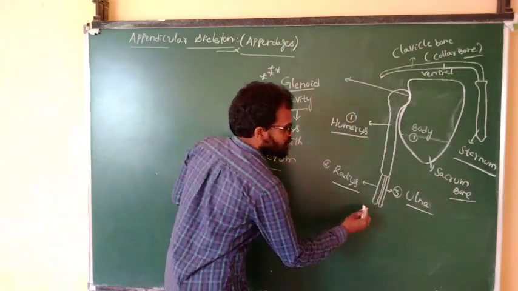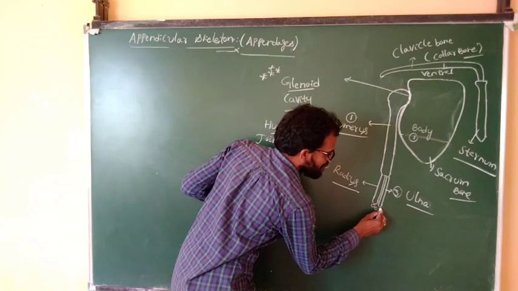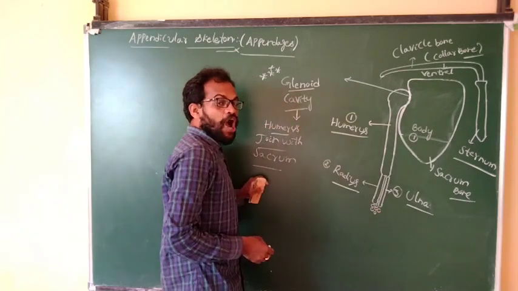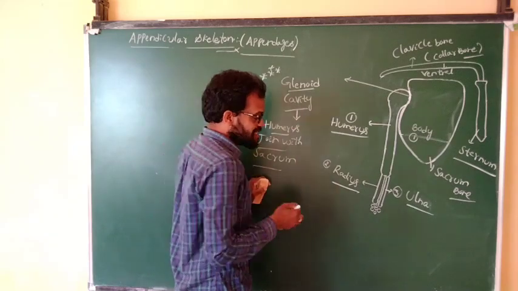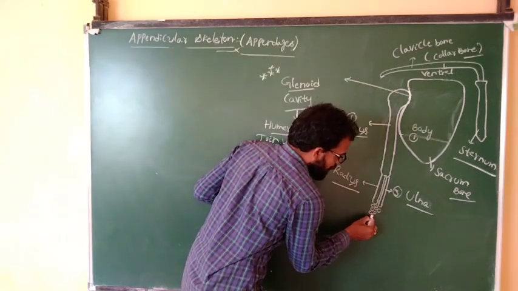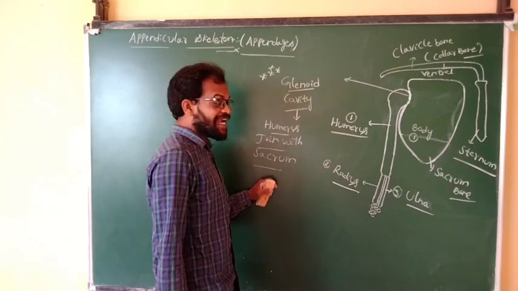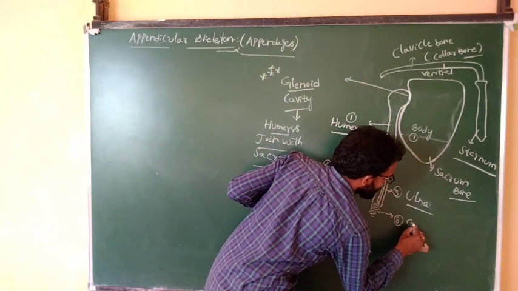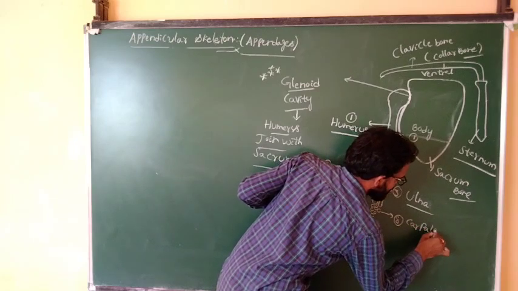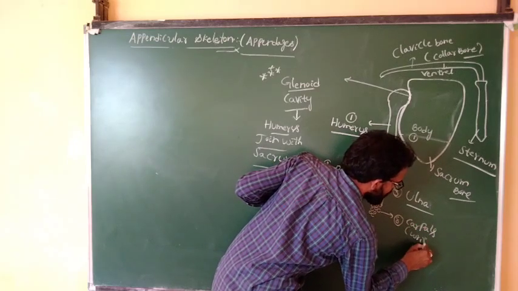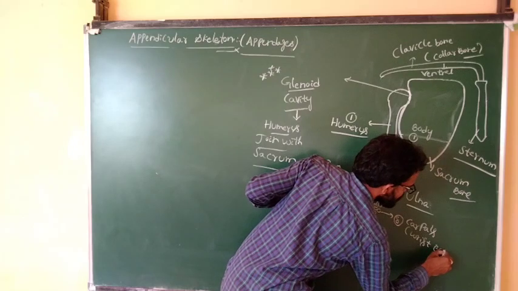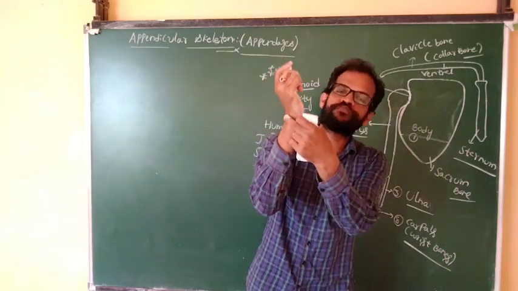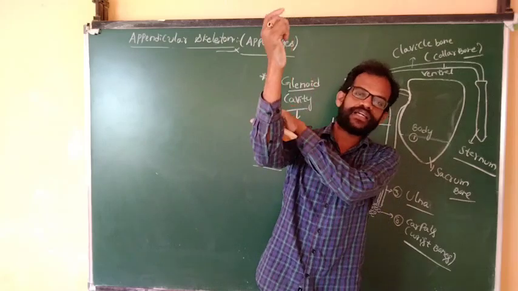Okay. The next one is known as the carpals. How many carpals are present? It consists of 8 carpals. How many bones? 8 carpals. These carpals are nothing but wrist bones. Here radius, ulna.